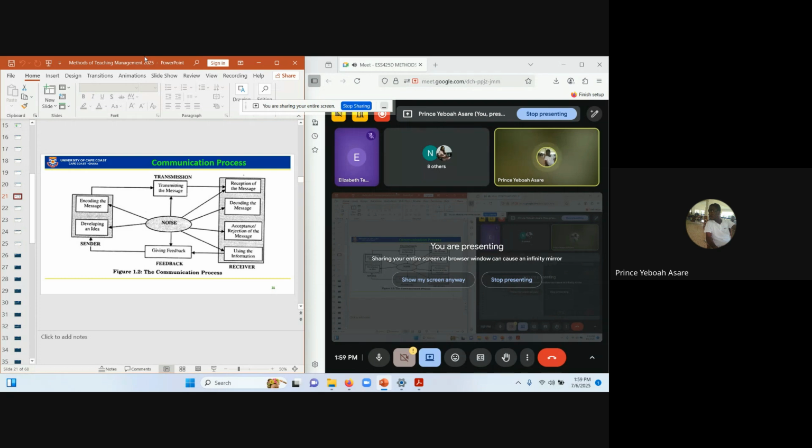Your presence can take away their thought, their focus. Instead of focusing on the content, the focus might be on you as a teacher, because of the way you are looking, the way you are behaving in the classroom, like a comedian, like somebody who is not serious, like anything that will not direct to learning. So you need to check yourself very well as a teacher, the way you appear in the classroom.